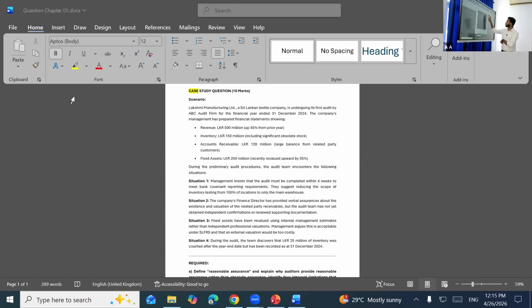Okay, let's see. Assertions about account balances at the period end. What is that specific assertion? Under account balances, there are four assertions, no? What is that specific assertion? I'm asking, Zahra, what is the specific assertion that they have violated under account balances? That is the question.